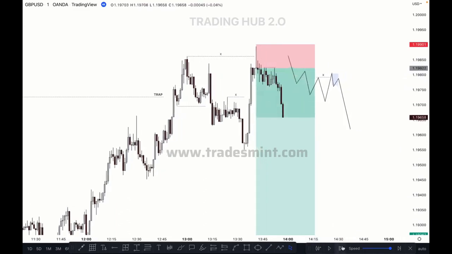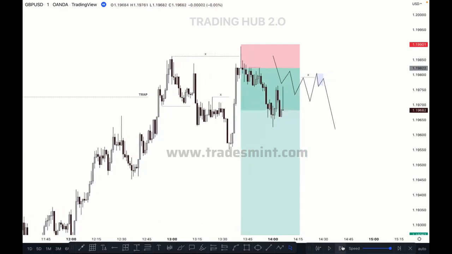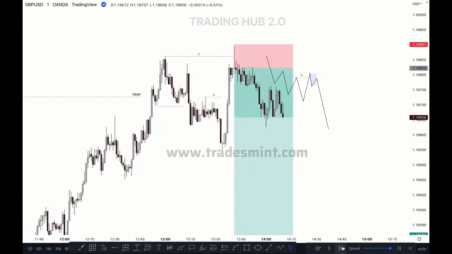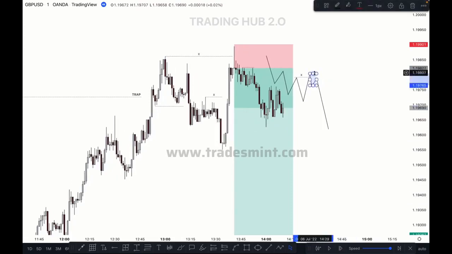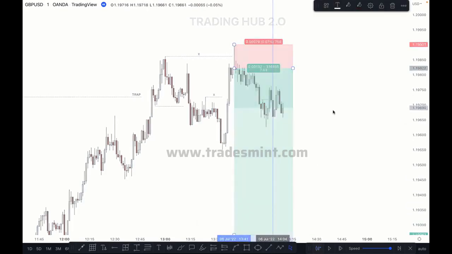The market did not sweep the liquidity, and the market is pushing downside. Let's see. And one more thing you have to understand here: we can see the market has taken out the first inducement, which is here. Let me show you here.